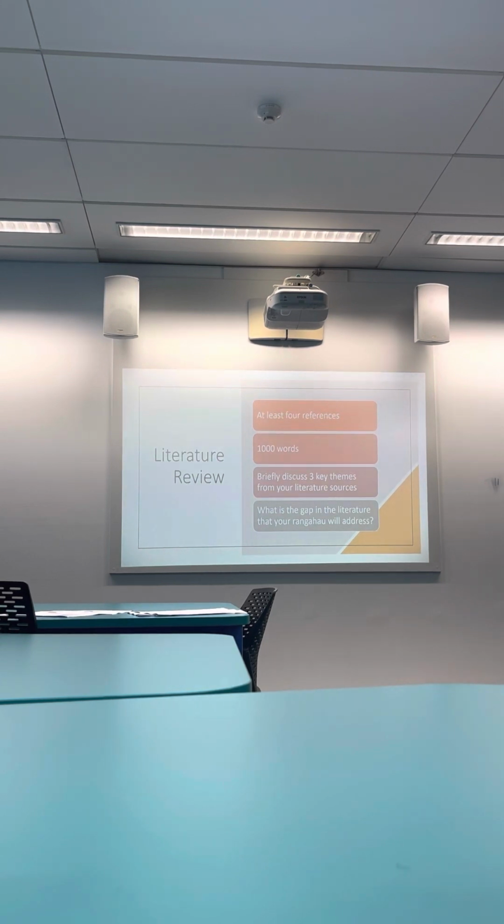So for your first assignment you did 6, yeah? So now you're choosing your best 4. And I want you to discuss 3 themes that came out of your literature. And I want you to discuss the gap or the area that your topic and your question is going to address.